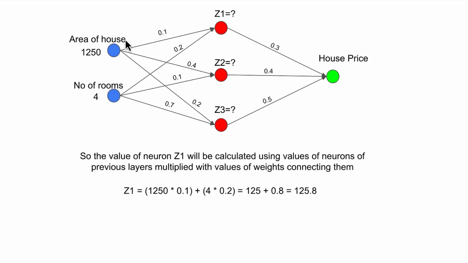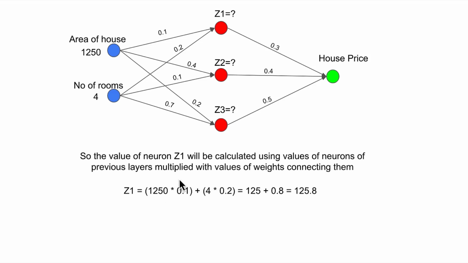So we are going to take the neuron which is connected with this Z1. Firstly, we are going to take the value of area and multiply it with the weight joining these two neurons. You can see the weight value is 0.1 for this particular line. So you are going to multiply this 1250 with this 0.1, and there you can see we are doing it.